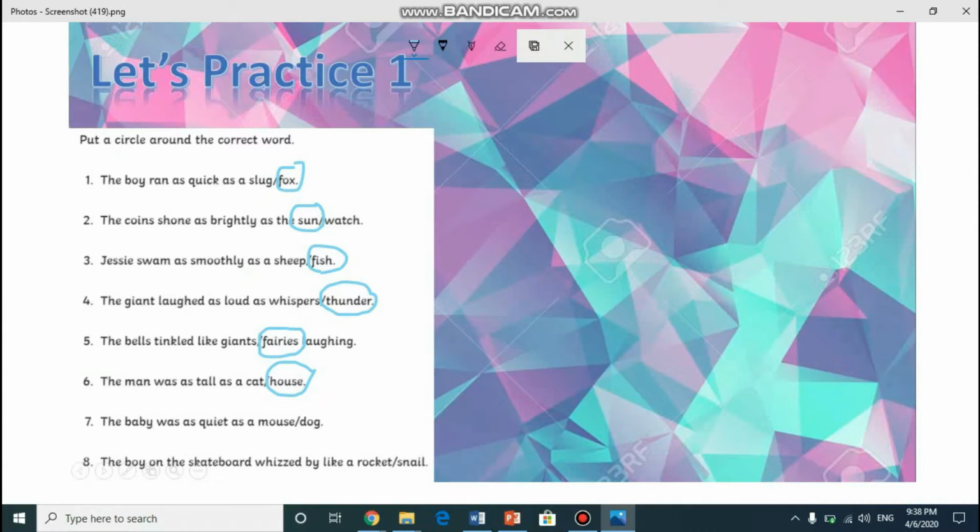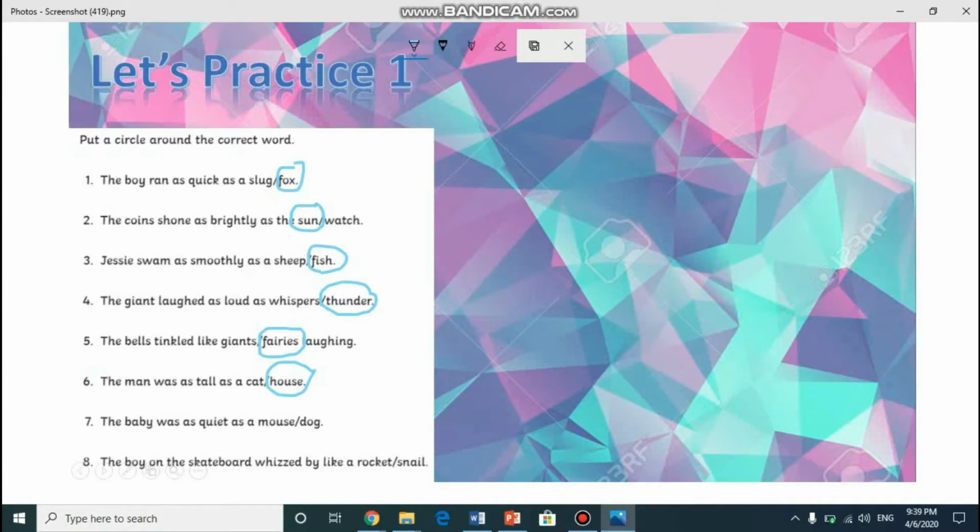Now, sentence number 7. The baby was as quiet as a mouse, or the baby was as quiet as a dog. So I'm comparing a baby, and this baby is different from all babies. It's a quiet baby. It's really rare to see a very quiet baby.